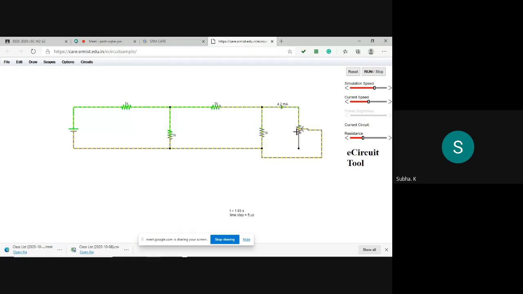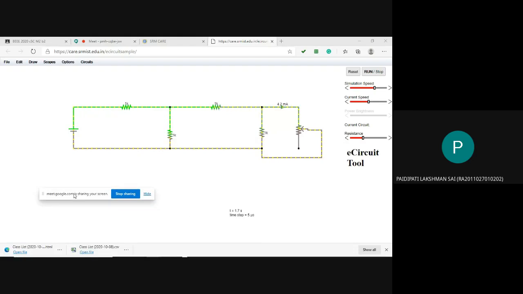Everything is visible here, I think. Power, is it visible? Yes, ma'am. No, power is not coming. View in scope. Power also you can calculate, I think. Let me see.